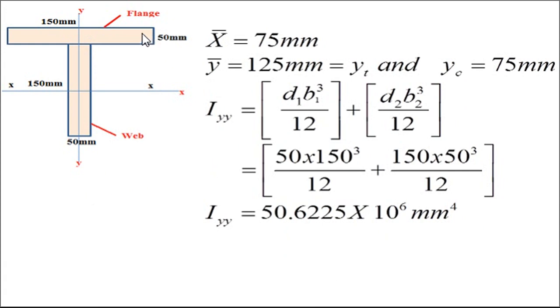For figure number 1, d1 means 50, b1 means 150, so 50 into 150 cube by 12. And d2 means the depth of the second figure, 150, into b2 cube, 50 cube, by 12. You will get Iyy about this y axis, and it is 50.625 into 10 to the power 6 mm to the power 4.